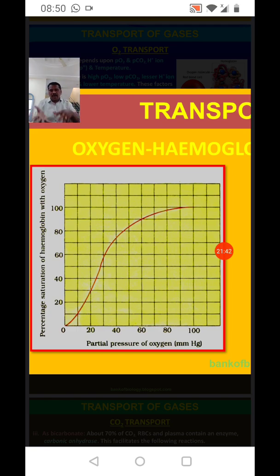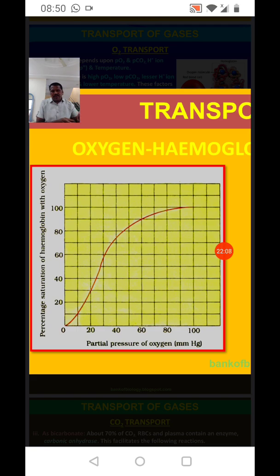In other words, we can also say that at low partial pressure of carbon dioxide, at low temperature, at low hydrogen ion concentration, the percentage of hemoglobin saturation increases. That occurs in the alveoli.